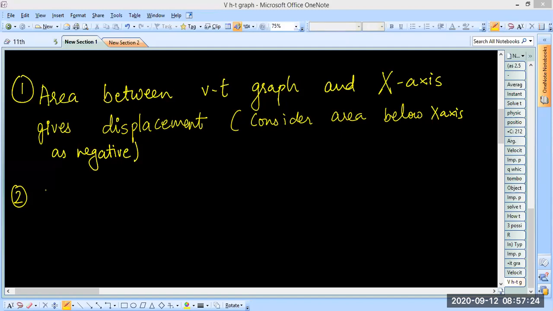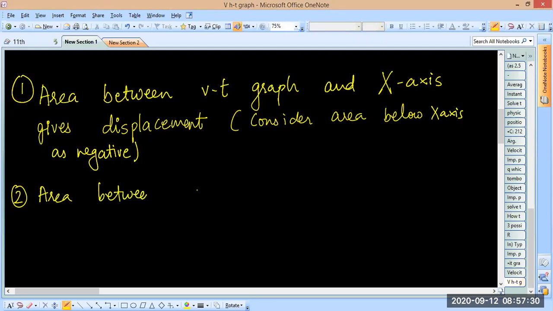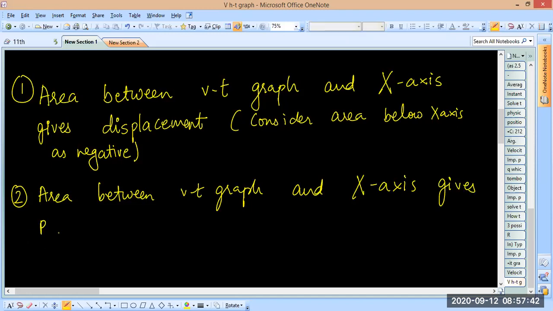Okay, so second sentence is actually the same. Area between VT graph and x-axis gives path length. But here in bracket you write consider all area as positive.